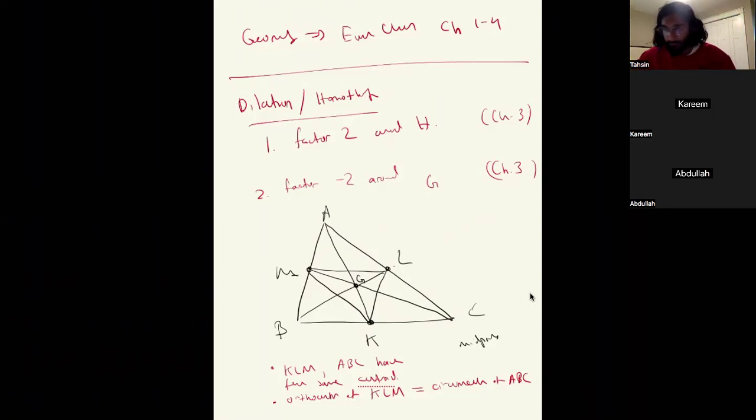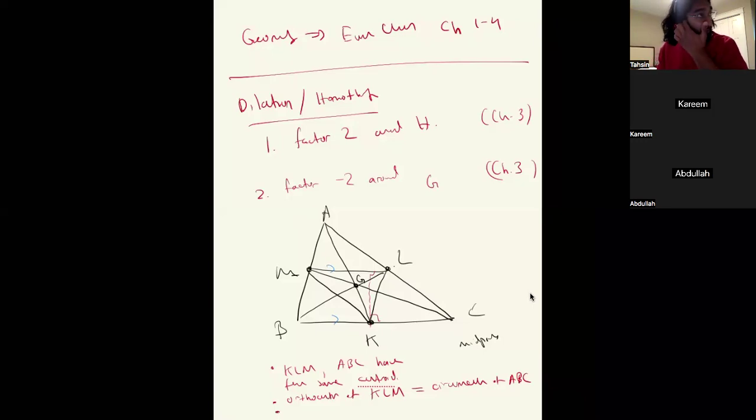So the orthocenter of KLM, you should take the altitude to LM. But of course, this LM and BC are parallel, so this is also the perpendicular bisector of BC. And so then it follows, right? Okay, then I'll leave it as an exercise.